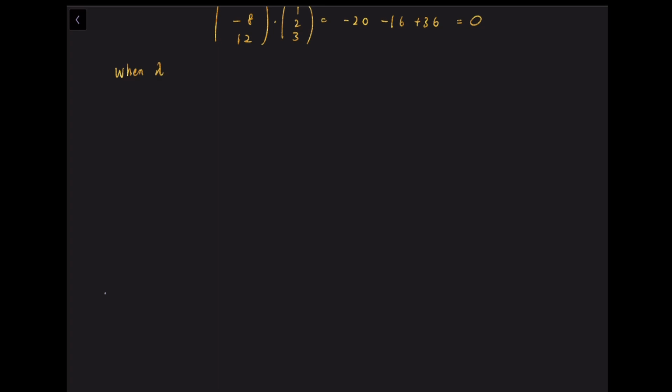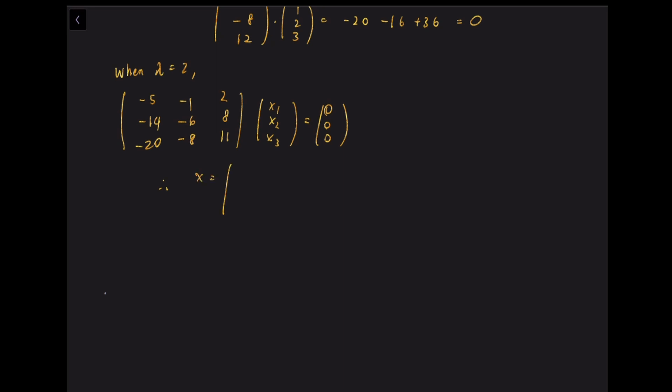When lambda equals 2, the matrix is [-5, -14, -20; -1, -6, -8; 2, 8, 11]. Thus, the second eigenvector is the cross product of (5, 1, -2) and (7, 3, -4).